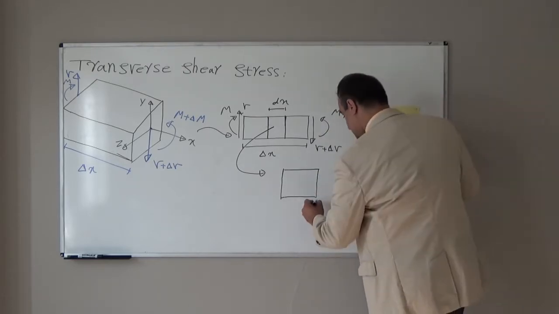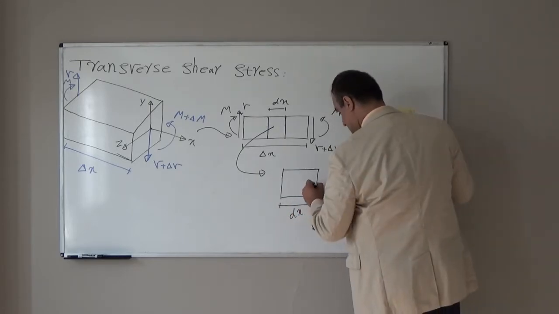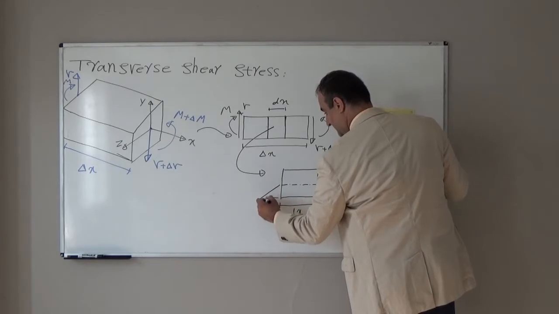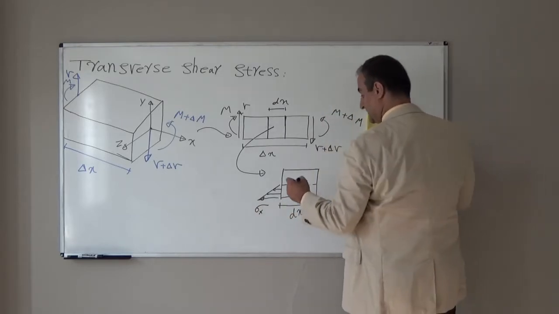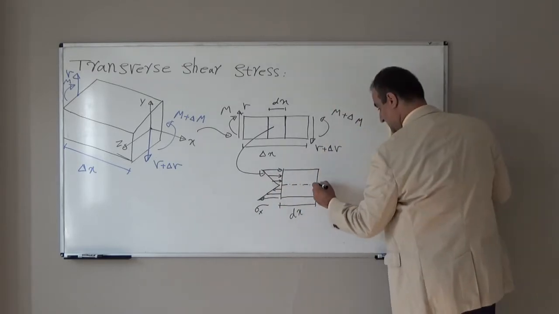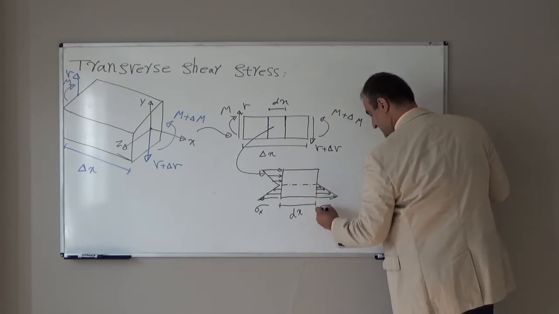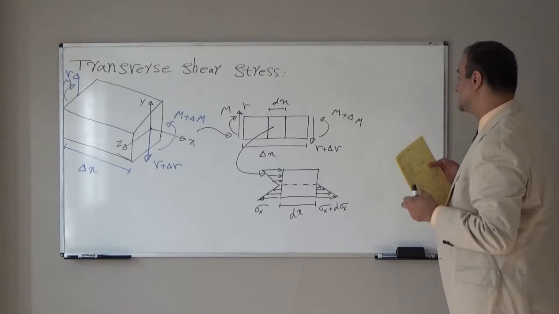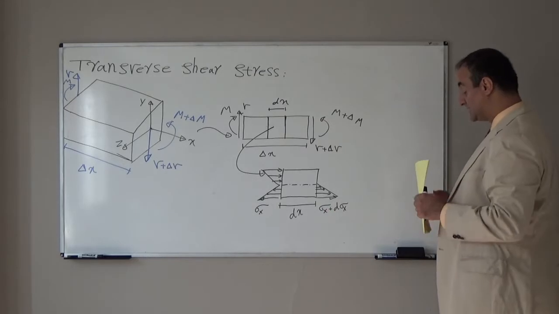Stress on this element, assume this is the neutral axis location, and we will have bending stress here, sigma x, and on the other side sigma x plus delta sigma x, because on the other side the moment is dM greater, so the stress will be sigma x plus d sigma x.